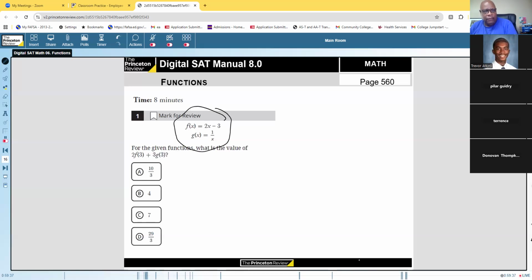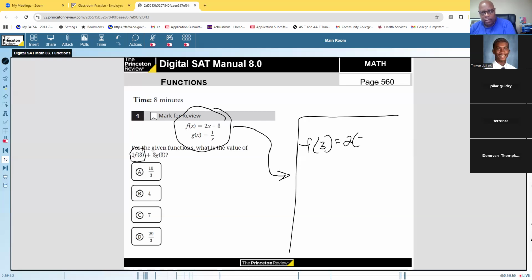So there we go. There's F and G, and it says 2 times F of 3. So I guess we got to find F of 3 from here. And this is my scratch paper here. F of 3, which is the number, is equal to 2 times 3 minus 3, right? Which is 3. 6 minus 3 is 3. Then we got to do G of 3.